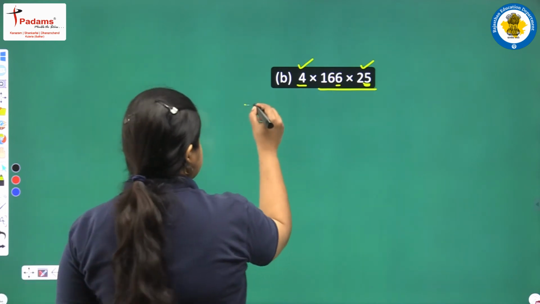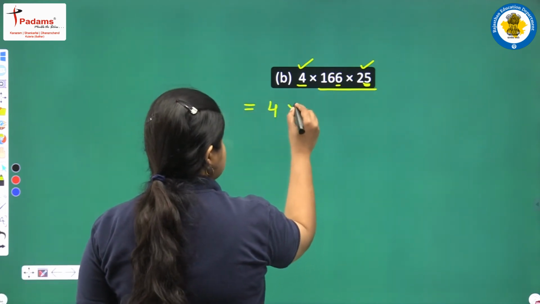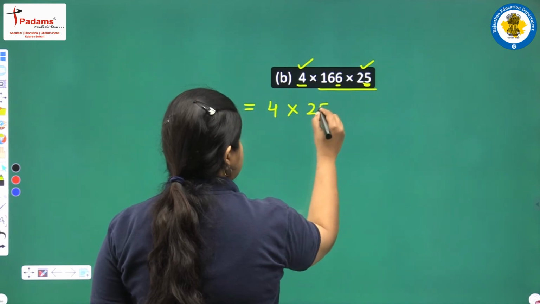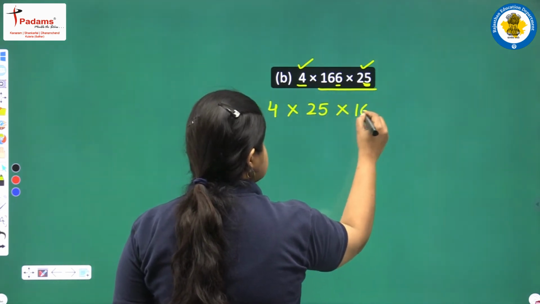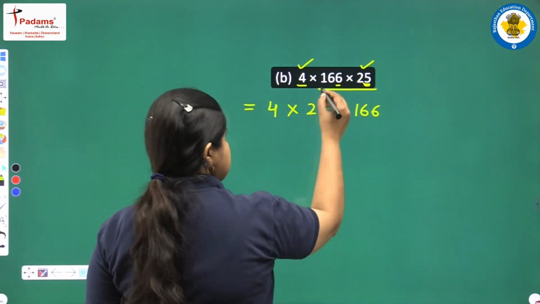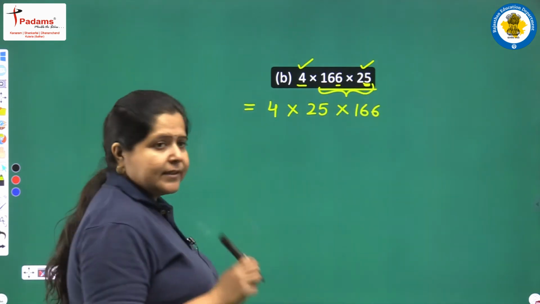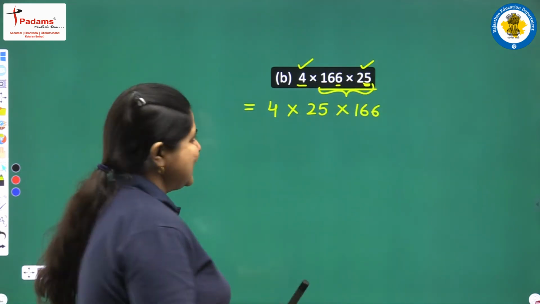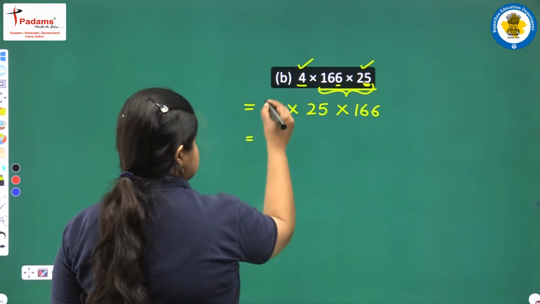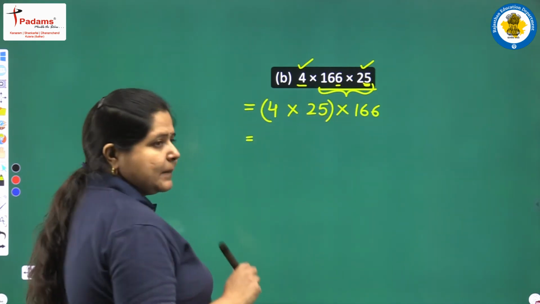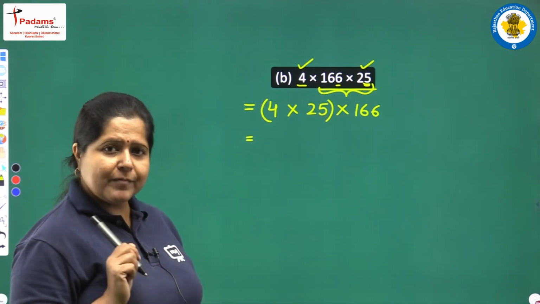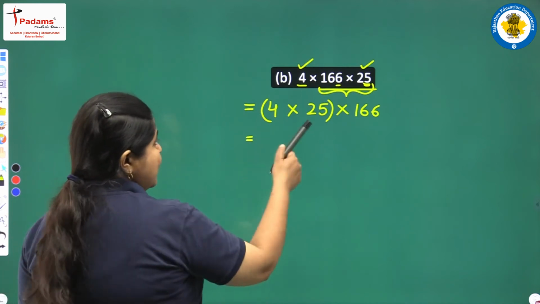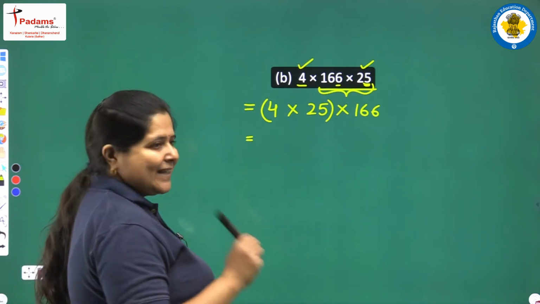So we again write the question in this way: 4 into 25 into 166. What we have done? We have interchanged the order of these two numbers. Now we can easily pair up these two numbers by applying the associative property of multiplication. 4 into 25 is 100.